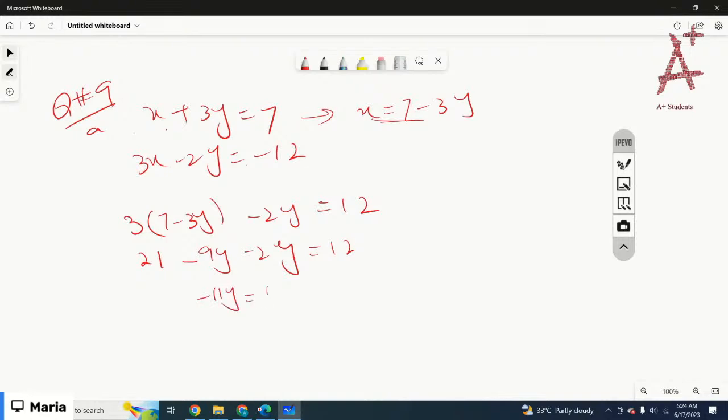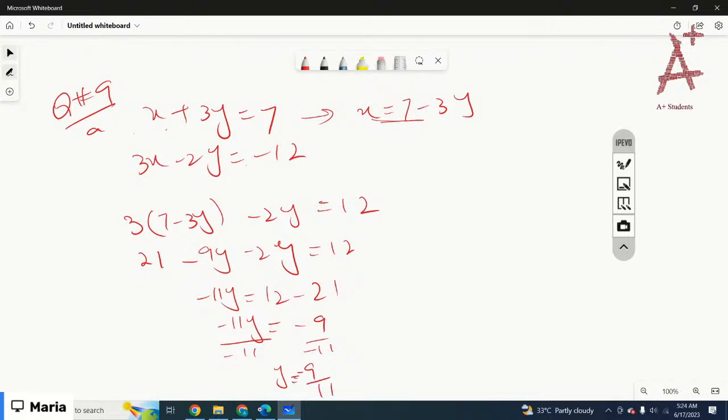Move 21 to the other side, it would be negative 12 minus 21.